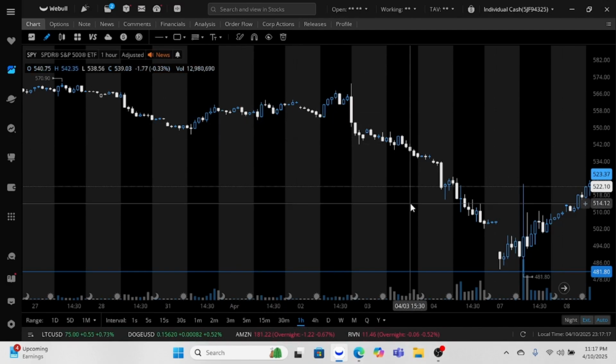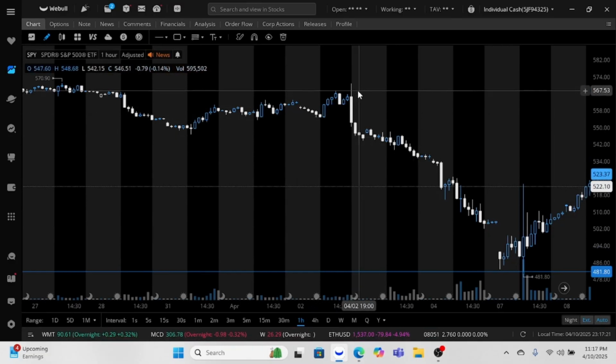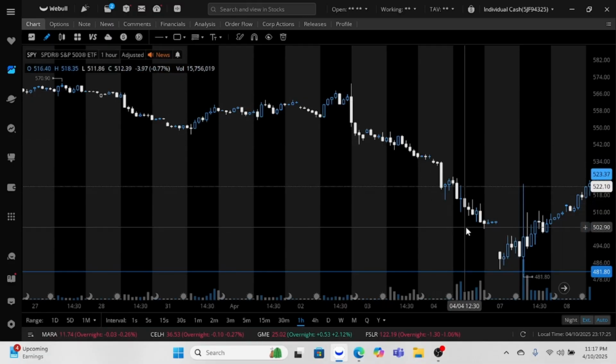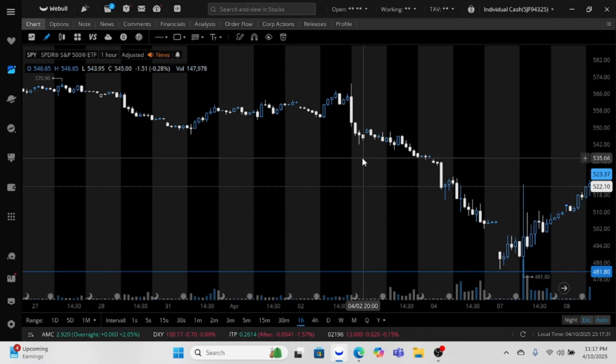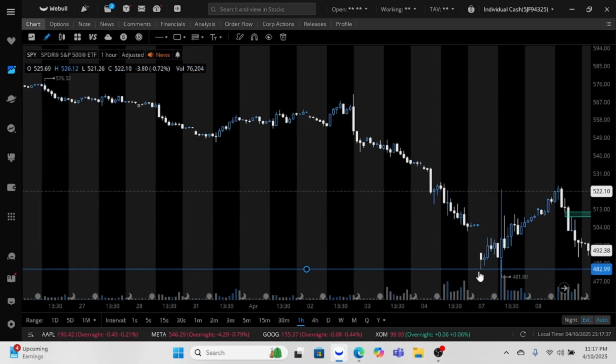If you're going short, the market's going down, so there's still going to be little moves up, but where is it headed? You have to get to one destination before you go to the next one. So the market has a destination right here at the bottom. This is where it stopped.